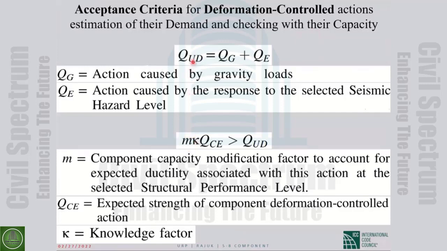So if we find out the demand in a deformation control parameter is more than the expected capacity of that element, expected because it's deformation control, still we don't say that the building is failed, the building is collapsed.